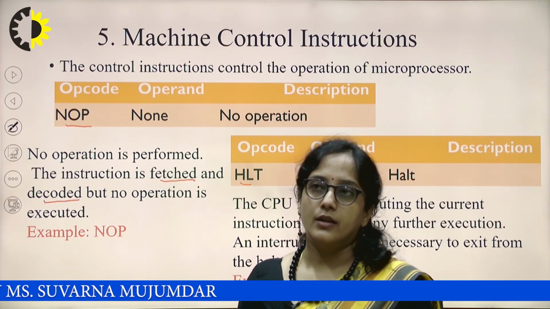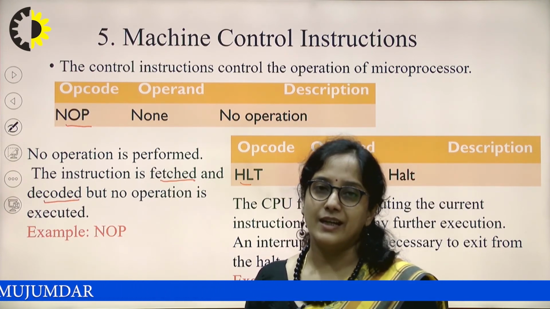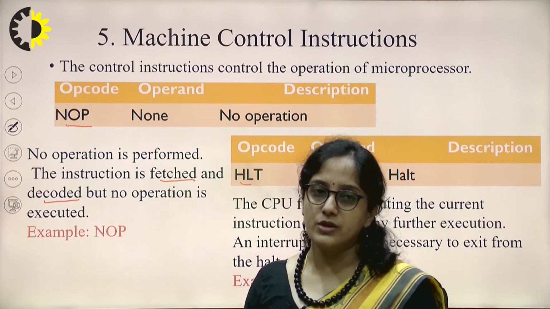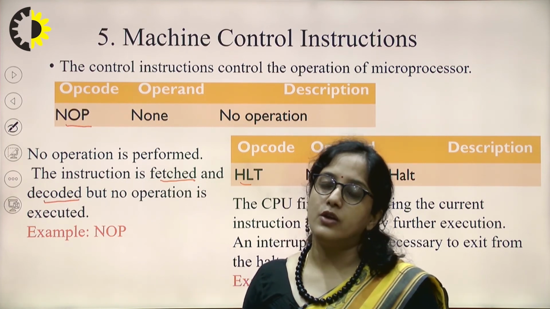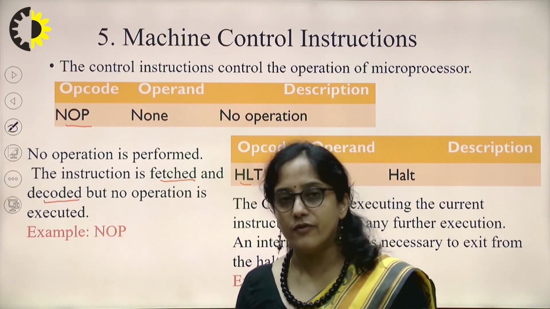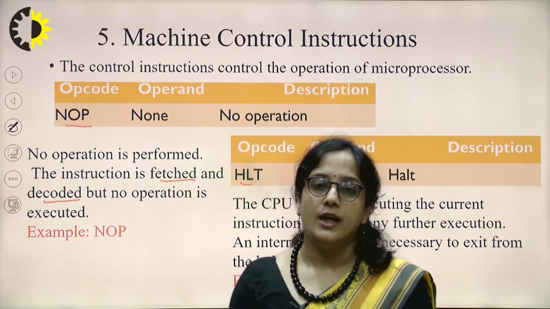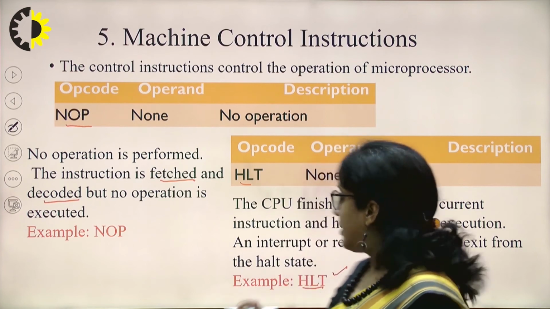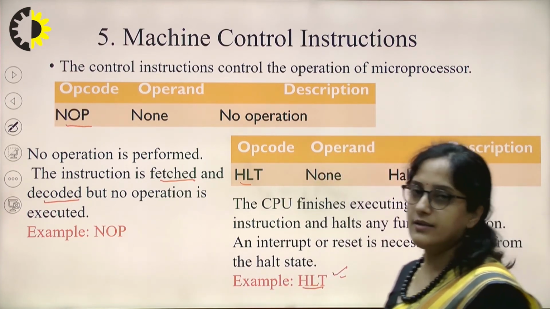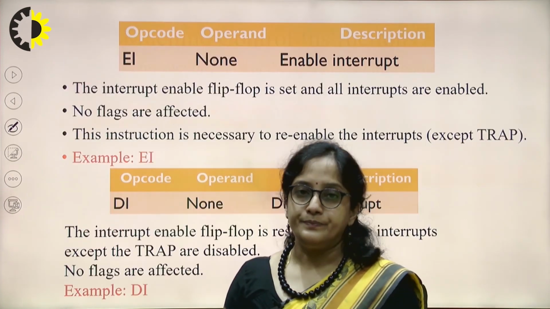In our kit we can't use this HLT signal, because then the CPU will not perform display or keyboard functions, it will stop the execution. So mostly we avoid using the halt signal, otherwise it stops our kit.